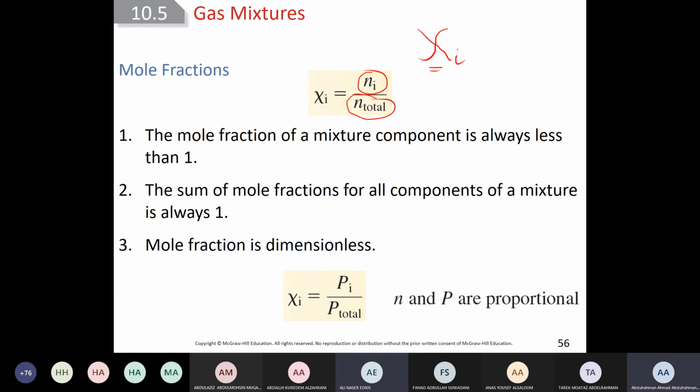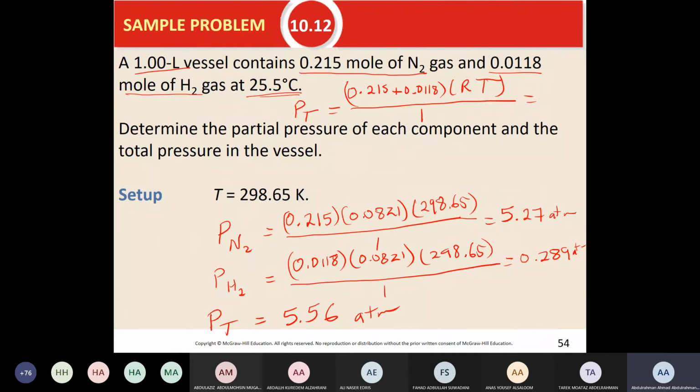Mole fraction. And what is it equal to? Moles of the component over moles of total, n of the component i over n total. Very good. Let's go to our problem. Can you find the mole fraction of N2?